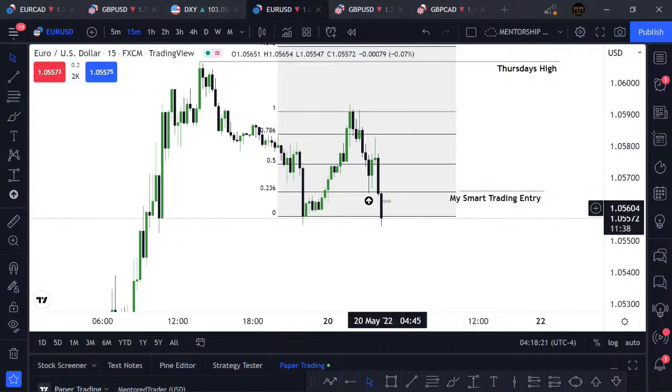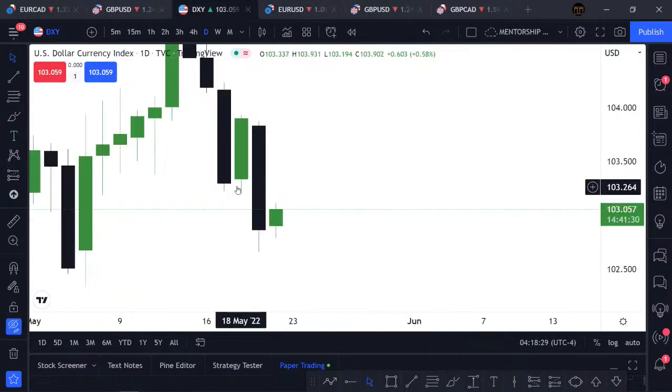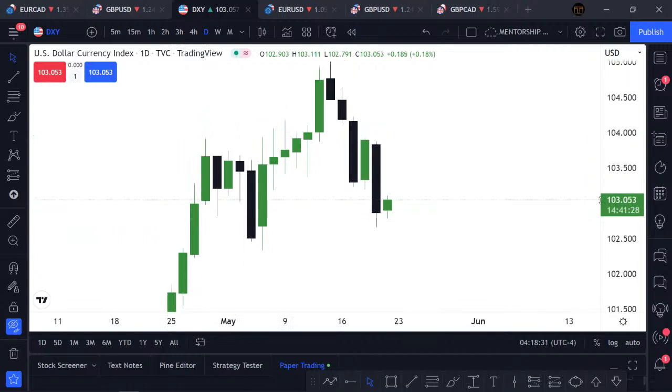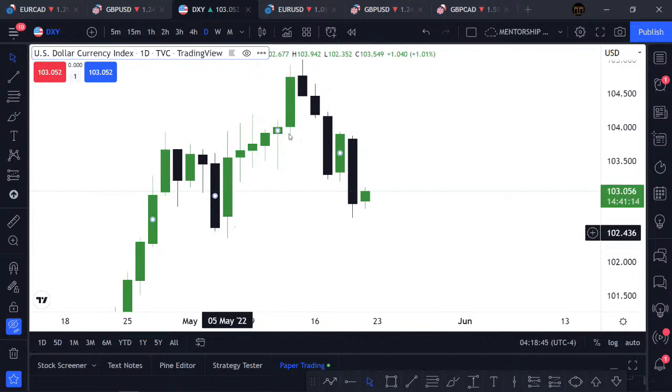So if you took this, you're out by now, if you put your stop loss below there, because I love putting my stop loss close. Okay, the dollar index is selling. This is my next target. I want to see price take this low for me to trust a reversal. But as long as we are still stuck between this low and this high, I want to see this low taken.